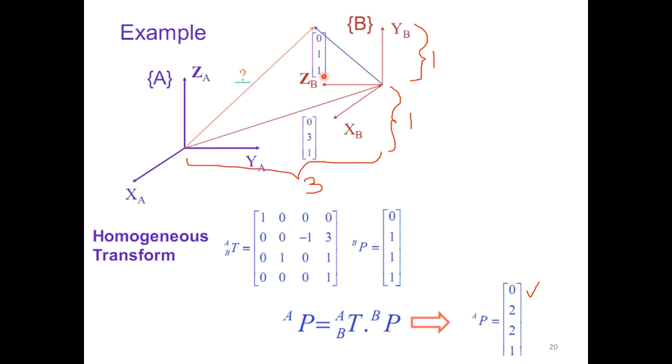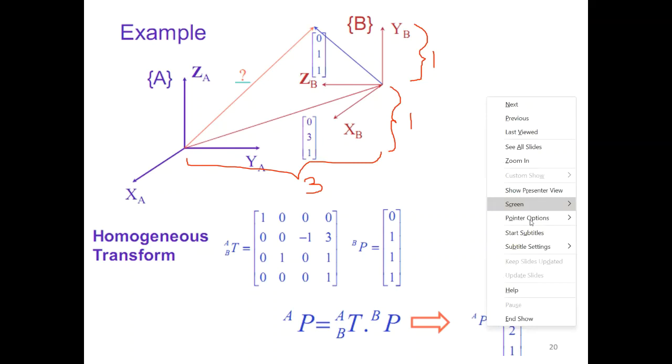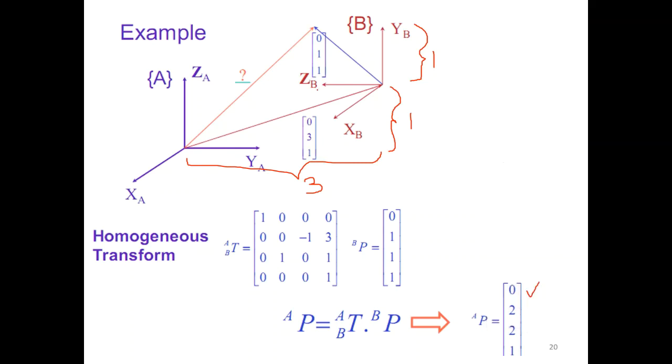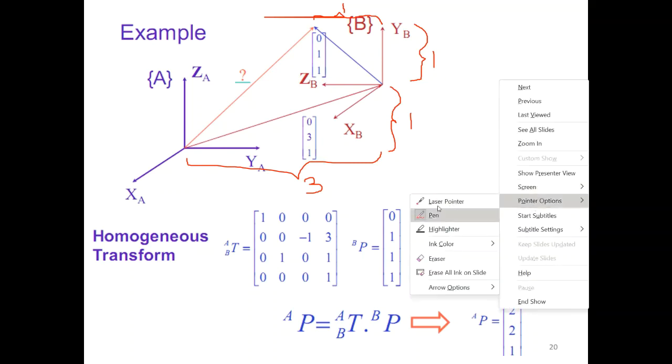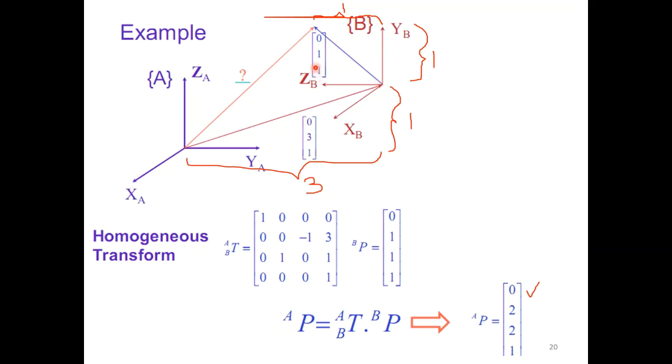Because now the z direction is also 1 here. I can draw it like this. This distance from here to here is also 1, right? Because this is the z direction of B. So it is 1. So therefore, if you look from A, from here to here, the distance along y is 2 units. Okay, 2 units. So this is also correct.